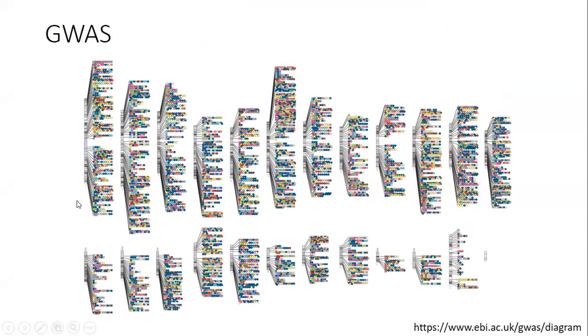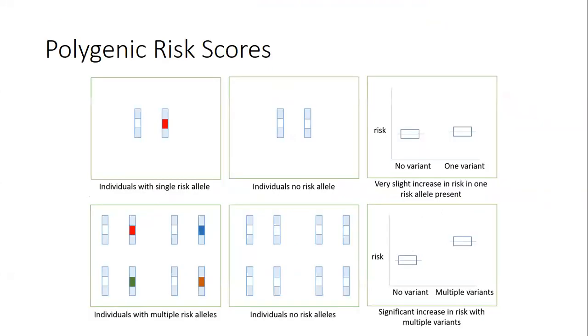And over the years, each of these colors is a different disorder, where GWAS has shown the association of a particular variant, or sometimes multiple variants, with a particular disorder. So there's a very dense catalog now, but the actual risk associated with the presence of a variant is generally very modest.